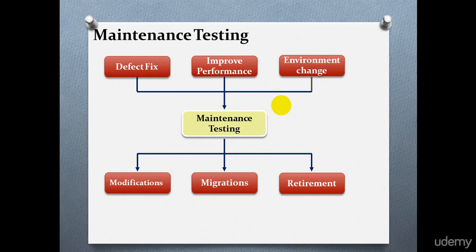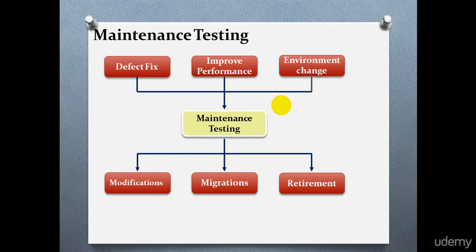When it comes to migration, migration refers to the transfer of an application from one platform to another platform. At this time, the maintenance testing involves the testing of the operational software in the new platform, how the application behaves in the new platform.